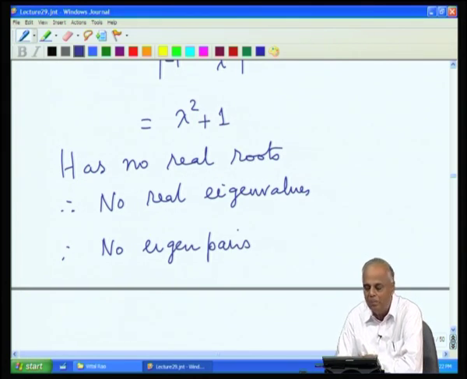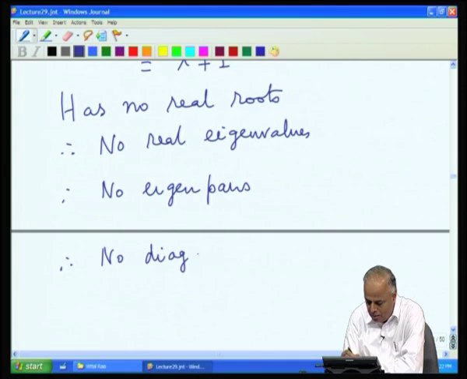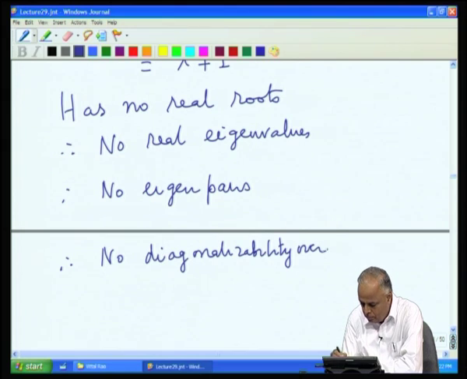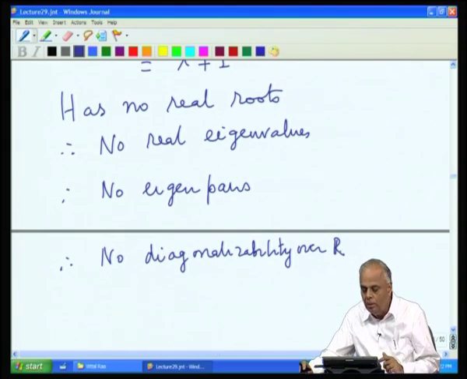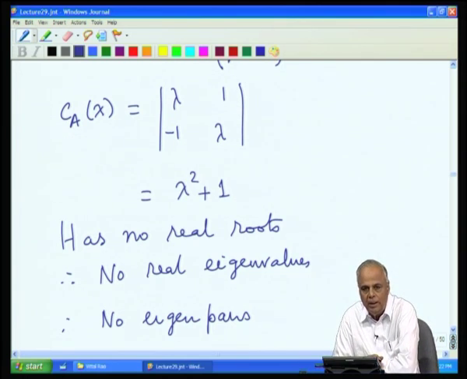The moment you do not have eigenpairs, there is no diagonalizability over R, because we are looking at R. So, this example is striking in the sense that if you are dealing with real matrices and you want real diagonalizability, it is not always possible, because here is a simple real 2 by 2 matrix which has no real eigenvalues and therefore there is no possibility of real diagonalizability.